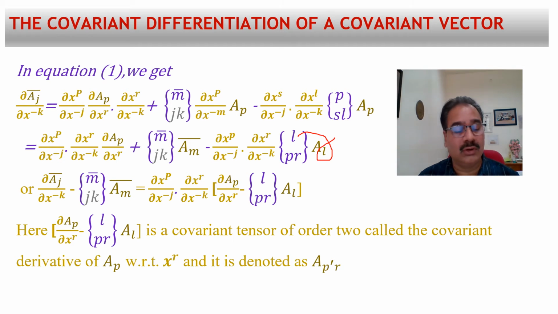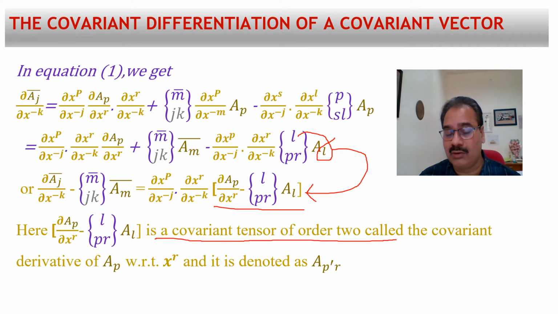Now, on further simplification, you may express the above expression in this form. This term, del A_p over del x^r minus {l over pr} A_l, is a covariant tensor of order 2 and is called the covariant derivative of A_p with respect to x^r.